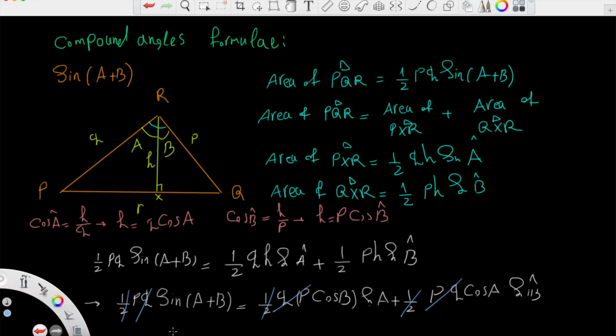So what is left is sine of A plus B is equal to sine of A cosine of B plus cosine of A sine of B.